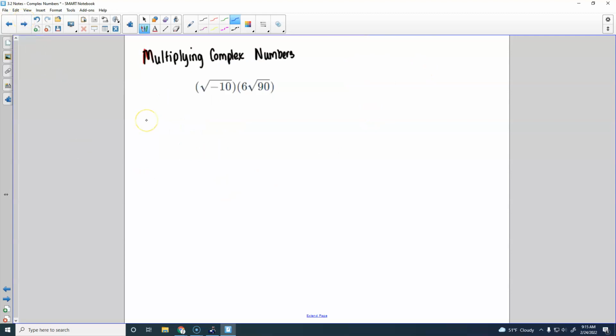All right. Okay, let's look at multiplying complex numbers. If you're multiplying two complex numbers, you can do it a couple different ways. You could break it down first, or, oh gosh, there was one of these that we had trouble with.